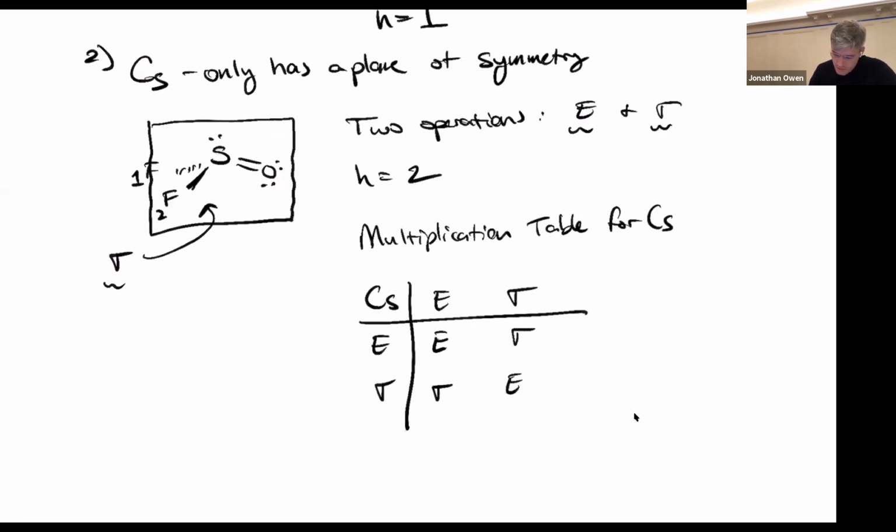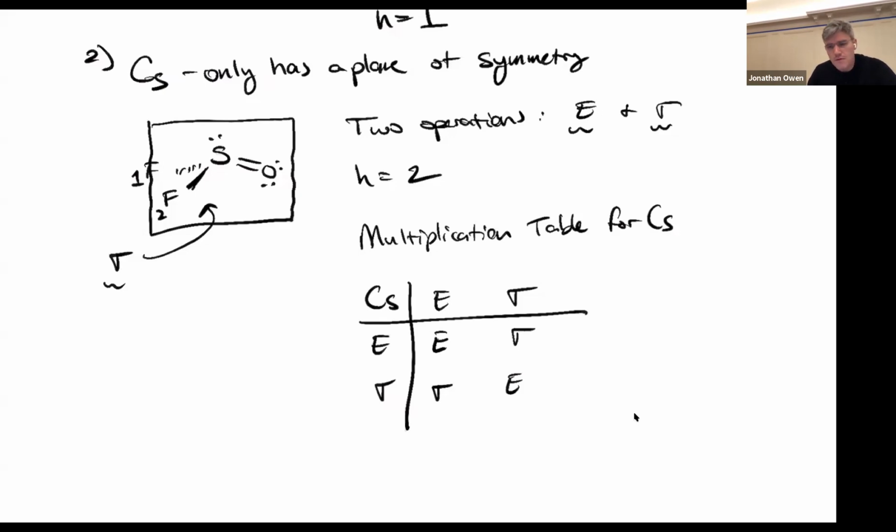So if you see here, this is a complete collection of operations for Cs. Whenever you multiply two operations by one another, you get back one of the two operations in the group. No new operations have appeared. So the products of the operations always give back a member of the group.